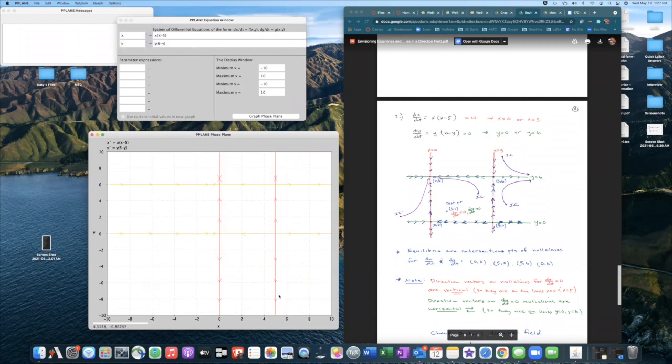So those are the nullclines, and I graphed them with the arrows. Those vertical lines happen to be vertical nullclines because the arrows on them all point straight up. So I didn't actually draw them, right? Like on this nullcline here, we would have straight up like that.